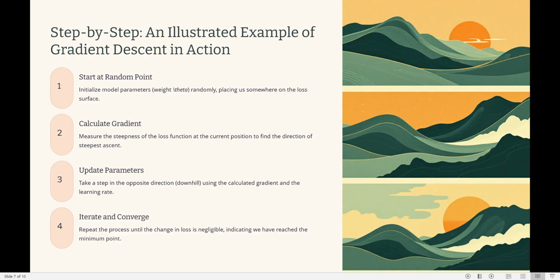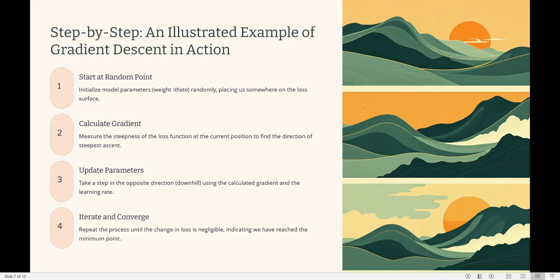Third is update the parameters. We take a small step downhill using our update rule and learning rate. Step 4, iterate and converge. We repeat the process until the change in loss becomes almost zero, meaning we reach the minimum point. This is how the algorithm learns the best values of the parameters.